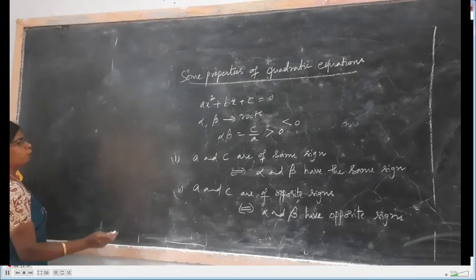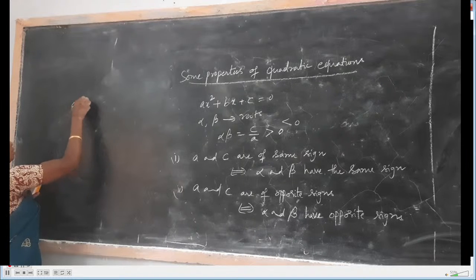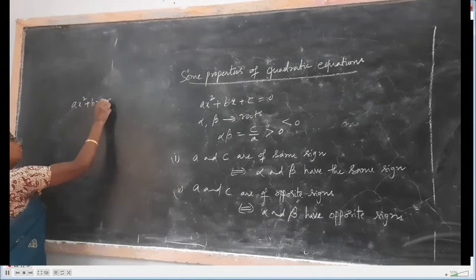ఓకే, సో వాట్ ఈస్ దట్? See here, ax square plus bx plus c is equal to 0.